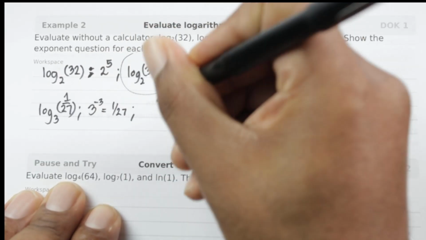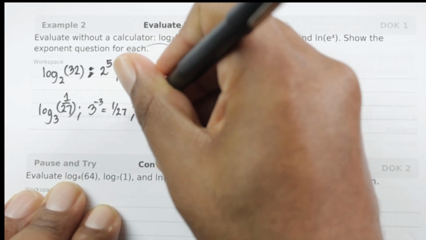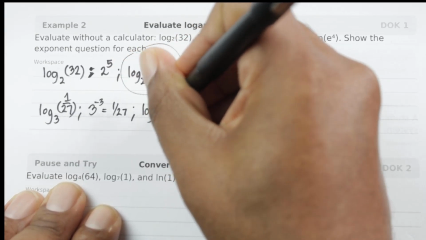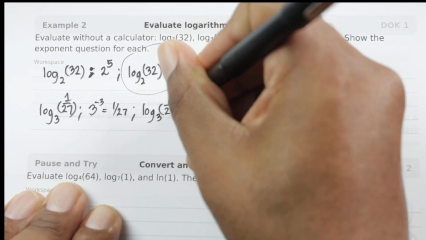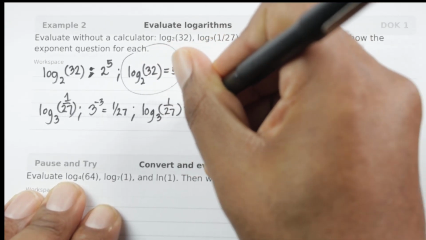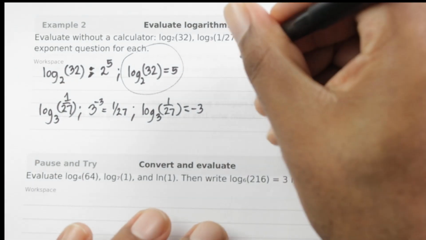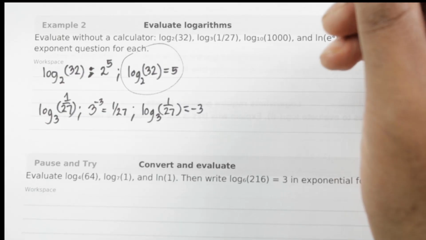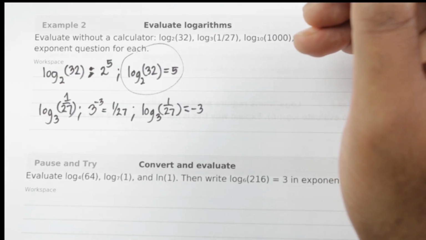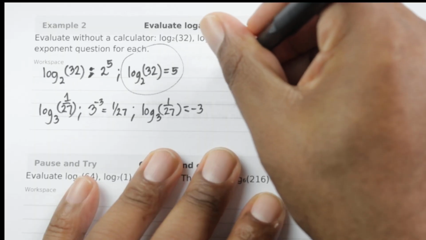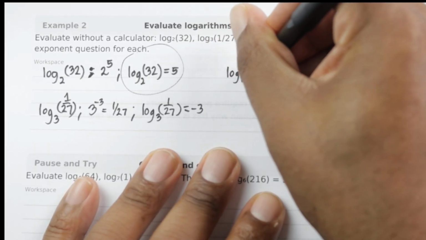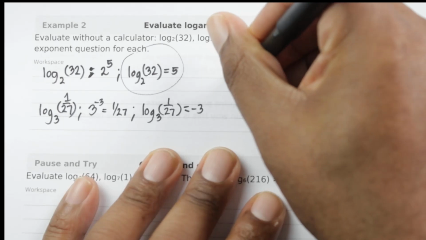So the final answer for this one would be log base 3 of 1/27, which equals negative 3. Okay, so part C. Let's see, that is log base 10 of 1000.